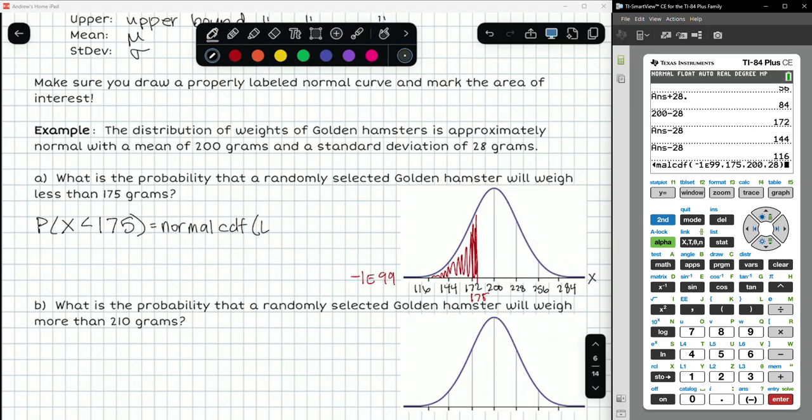And I like to label my stuff: lower bound, upper bound, mean, standard deviation. And then we're going to press enter to run it, and we get 0.18596, which rounds to 0.186.